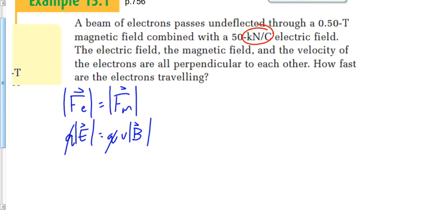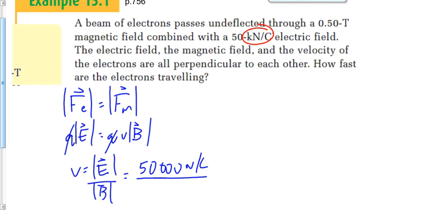Rearrange to solve for V, and we get electric field over magnetic field. And we know the values of both of those. E is 50,000 newtons per coulomb, or 50 times 10 to the 3, and B is 0.50. I think when you do the math there, it works out to be 1.0 times 10 to the 5 meters per second, I believe.